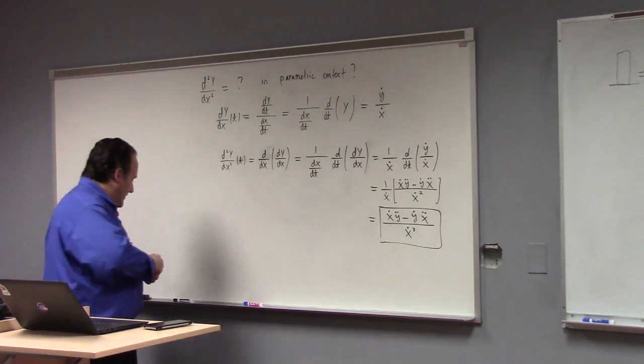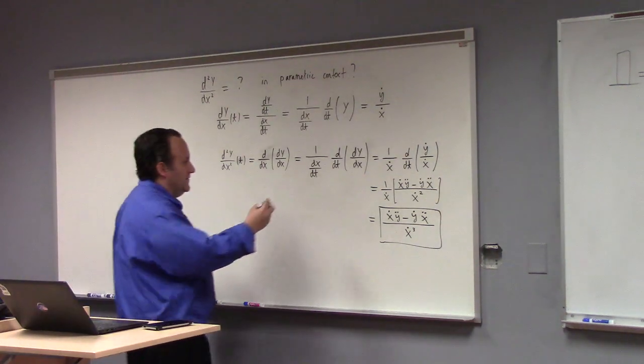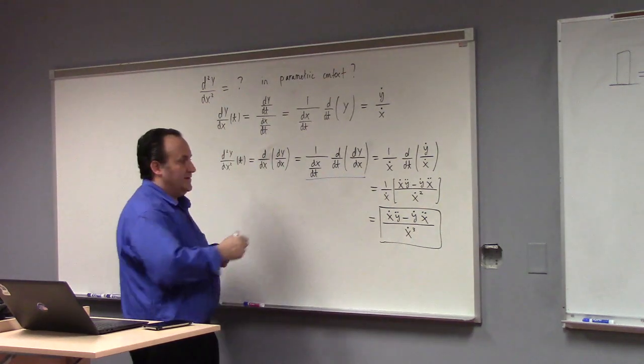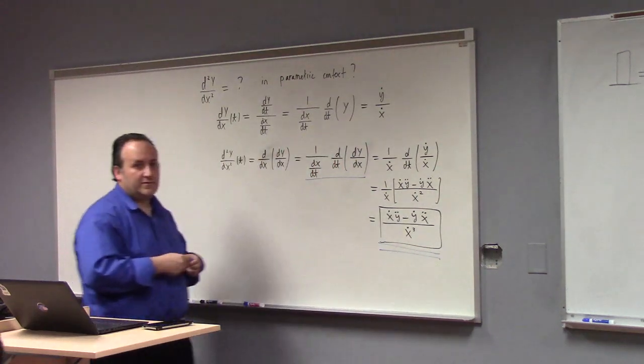But pragmatically speaking, it is often simpler to simply use this formula right here directly. So you could use this, or you could use this. It's kind of a matter of preference.